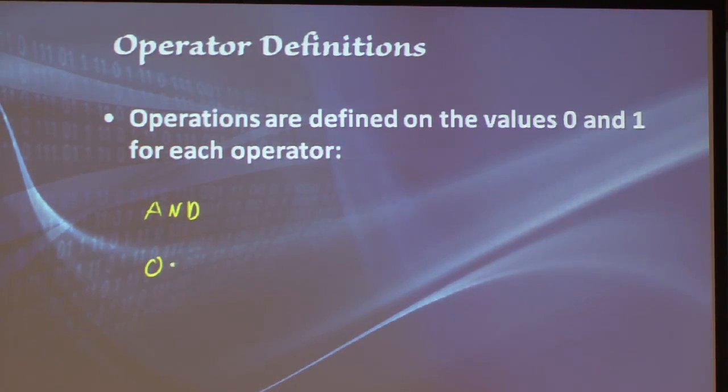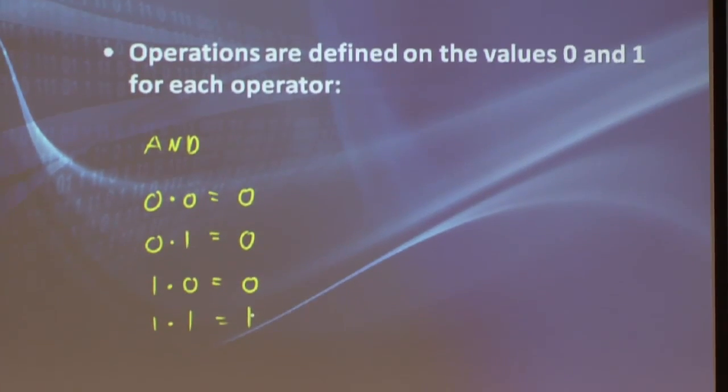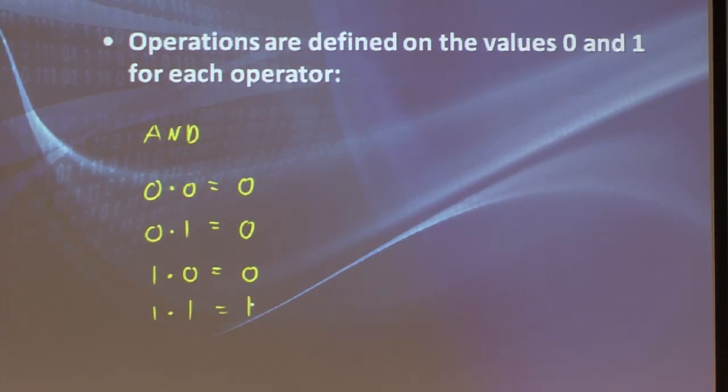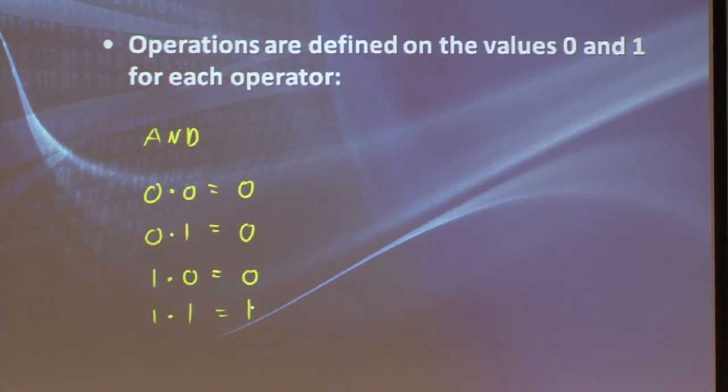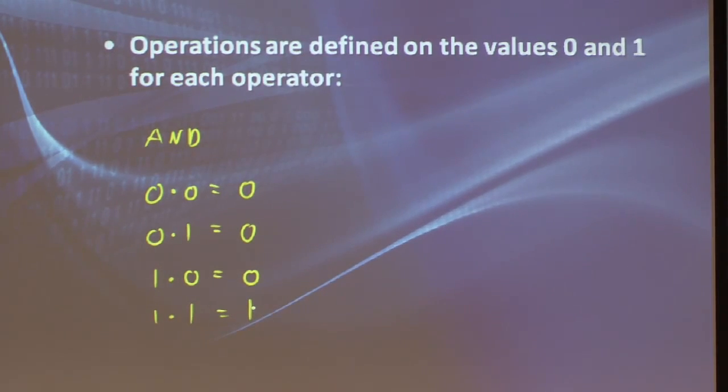So 0 and 0 will be a 0. 0 and 1 will be a 0. 1 and 0 will be a 0. 1 and 1 will give us a 1. So you can think about it as it's 0 when at least one of them is 0. It's only 1 when both of them are 1.